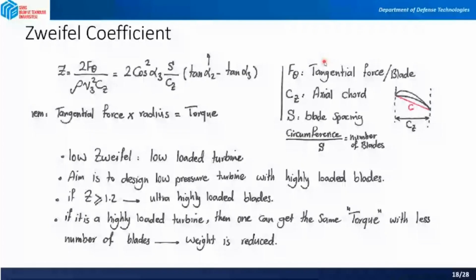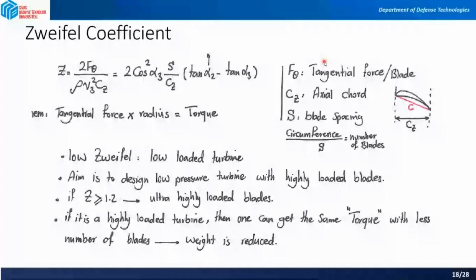Now we need to construct the velocity triangles in this example. So let's begin constructing the velocity triangles. Suppose that these are your nozzle blades or stator blades, and you have your rotor blades that are rotating.